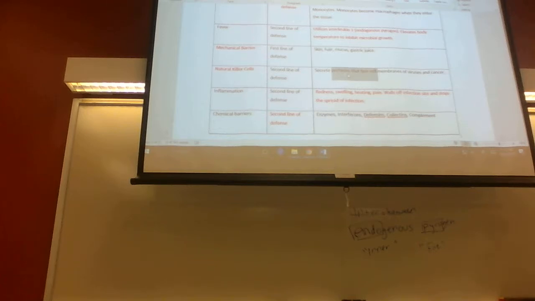They attack primarily viruses and cancer. So they're the natural killers, the natural assassins, with their ninja stars. I think it'd be pretty neat to be a natural killer cell.